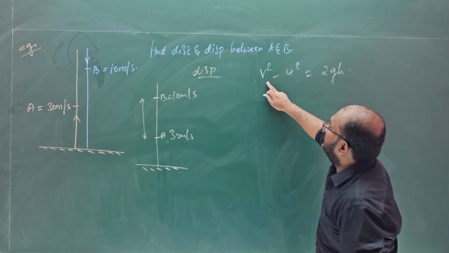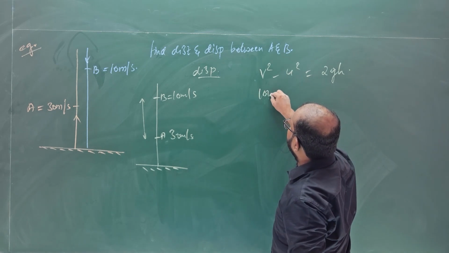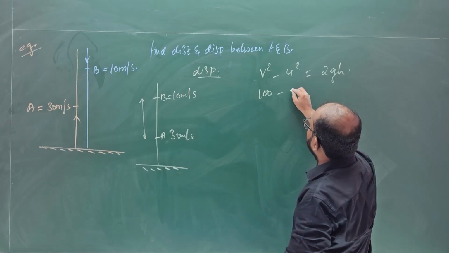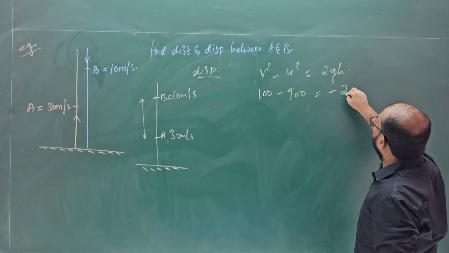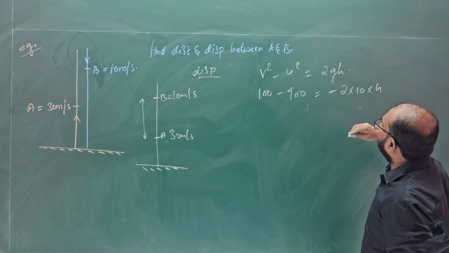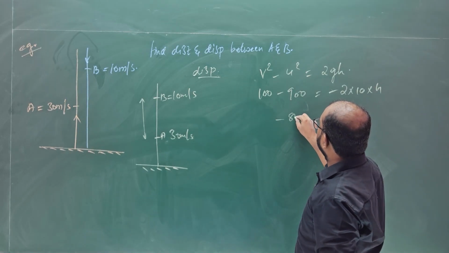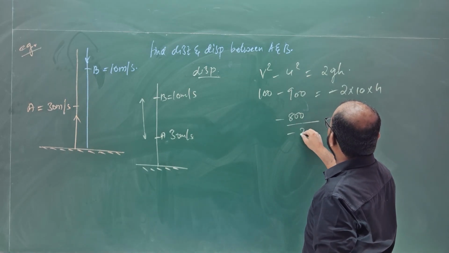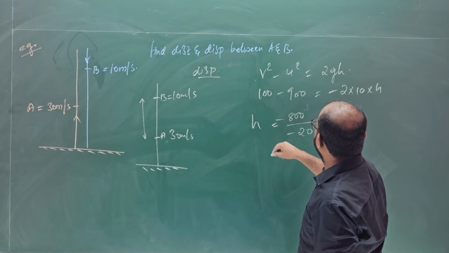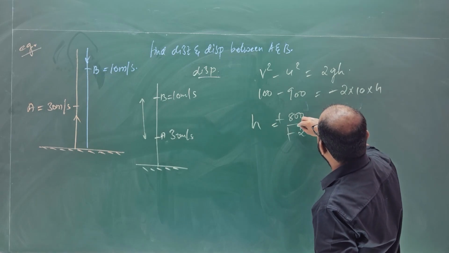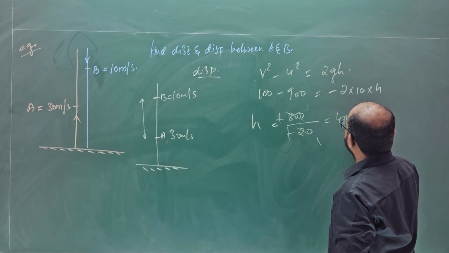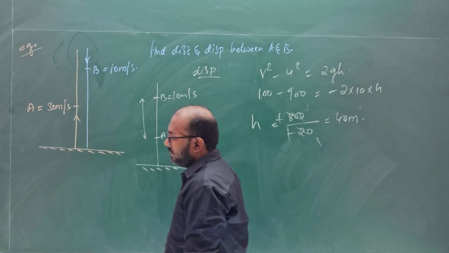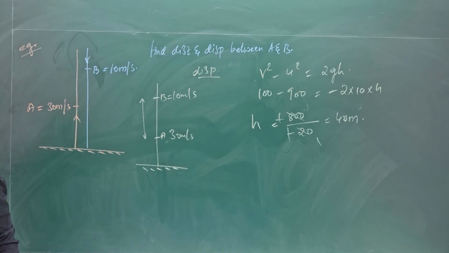Now final velocity is 10, so 100 minus 900 equals minus 2 into 10 into height, and this becomes minus 800 upon minus 20, which is equal to h, that is 40. Those who have got 40 for this, great answers.